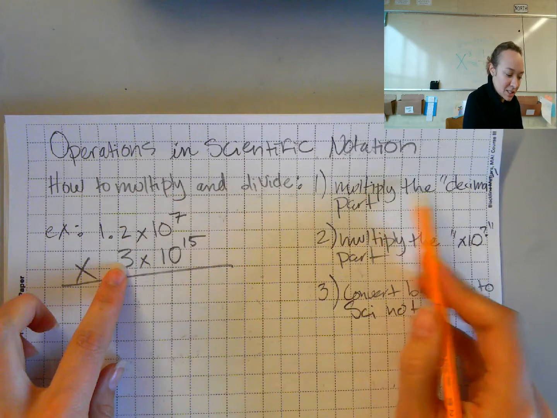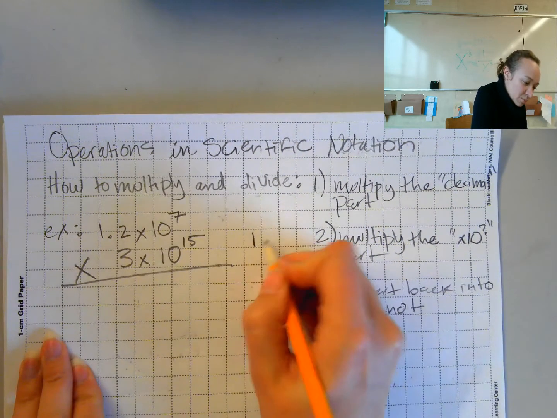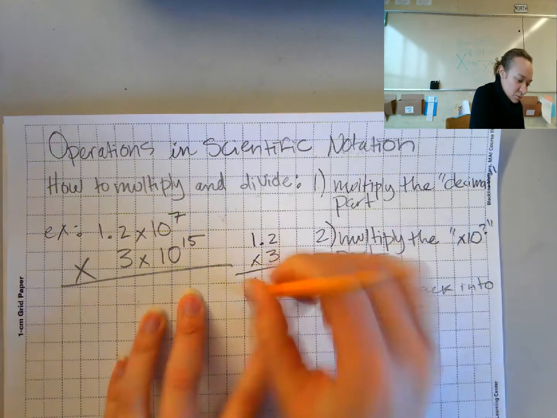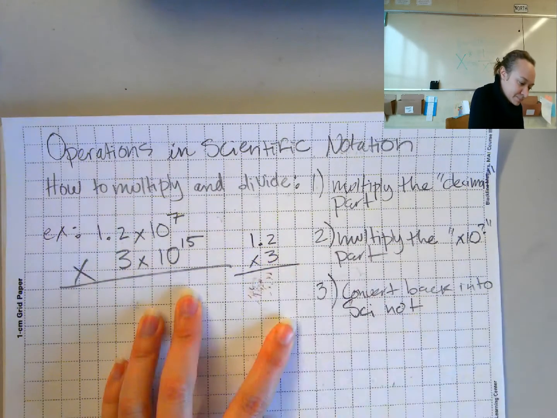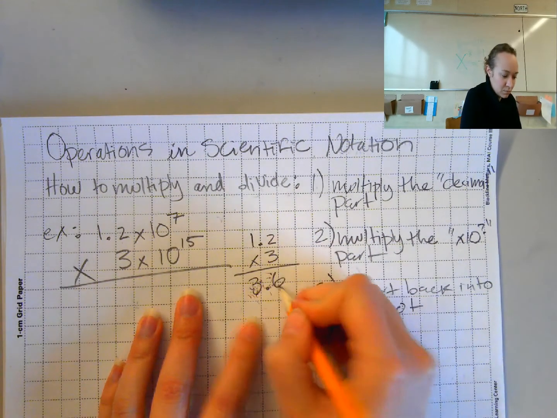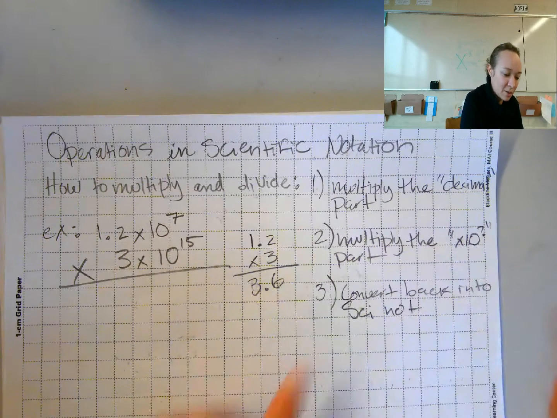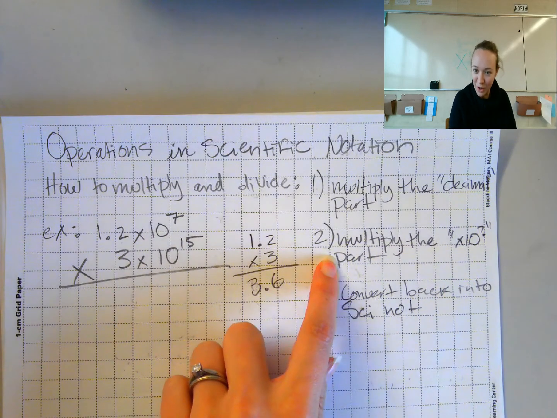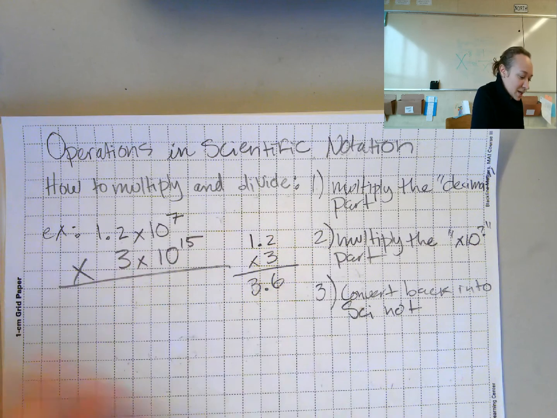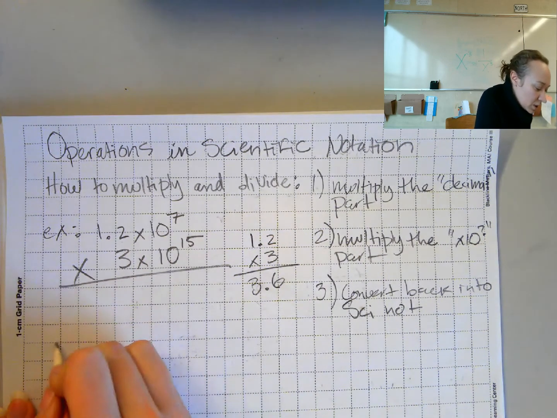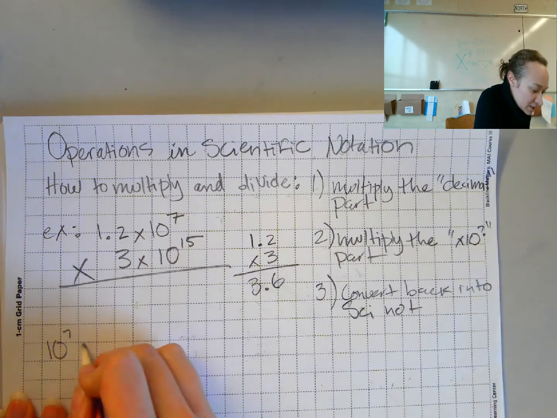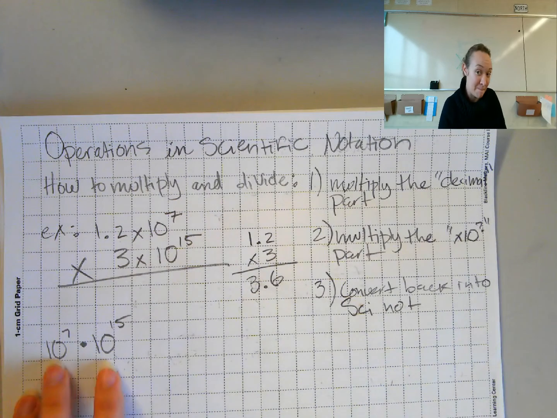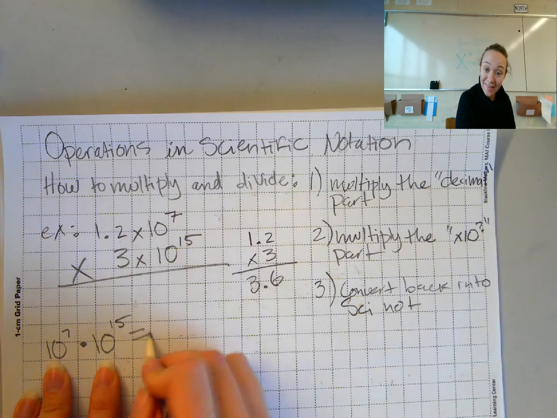So I'm going to multiply the decimal part. So 1.2 times 3 gives me 3.6. Hooray! Then I'm going to multiply the exponent part. And this is where we get to apply what we learned about laws of exponents. So that tells me that I need to do 10 to the 7th times 10 to the 15th. Well, when they have the same base, then I just add the exponents, right?